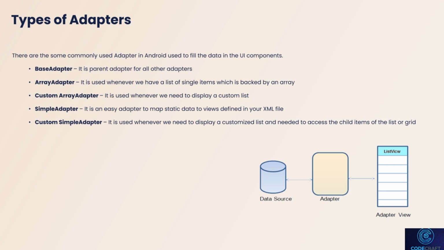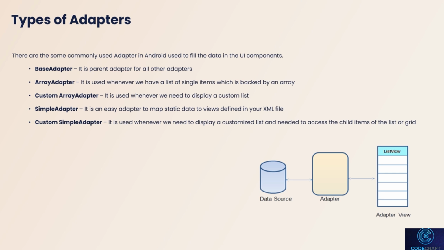There are some commonly used adapters in Android used to fill the data in the UI components. Base adapter, it's the parent adapter for all other adapters. This is the parent. This is the root. Array adapter, it's used whenever we have a list of single items which is backed by an array.